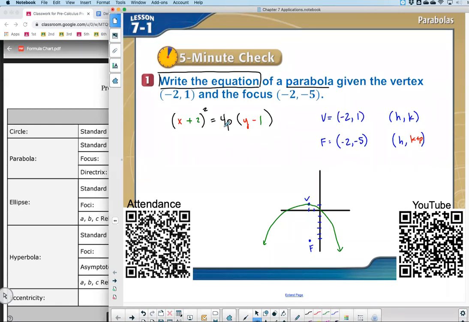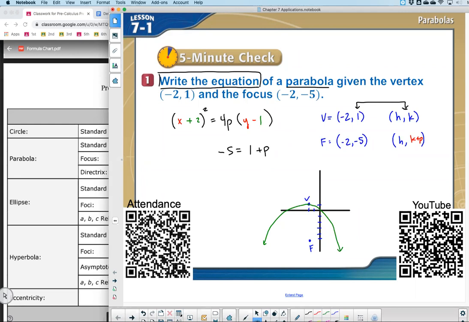And now the question, how would I solve for p? Well, here's my p. It says that -5 equals k plus p. -5 is going to represent k plus p. Well, we just solve for k right here, so I don't have to leave that as a variable. I can say, oh, I know what k is. K is 1. Which means -5 equals 1 plus p.